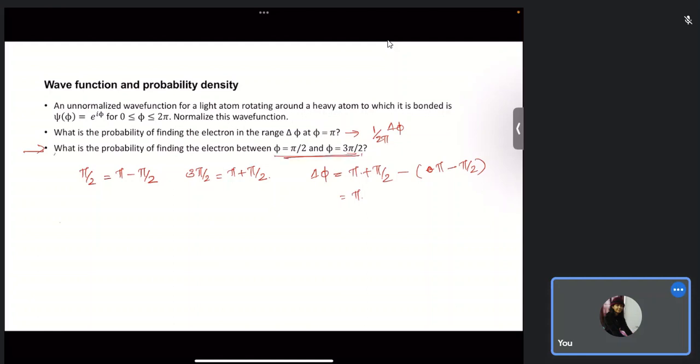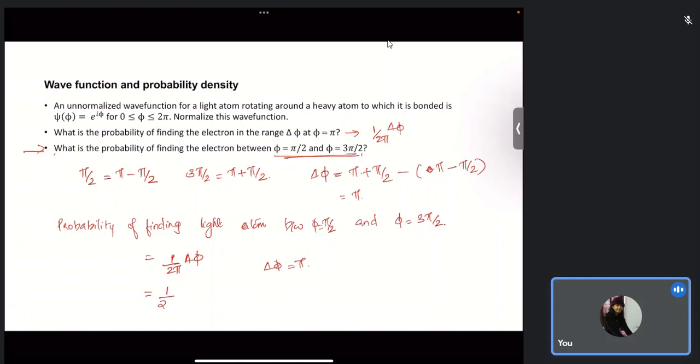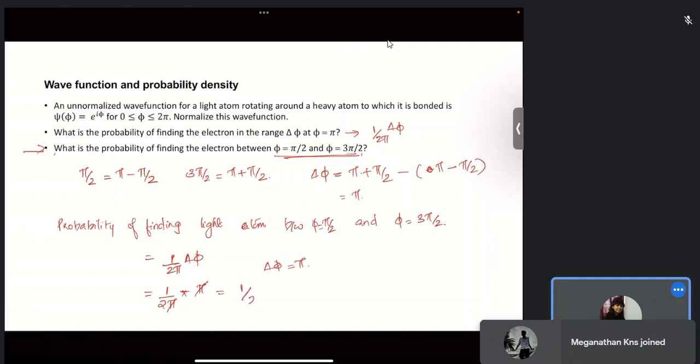So it is equal to 1 by 2 pi into delta phi. Here delta phi is equal to pi, so 1 by 2 pi into pi, which becomes 1 by 2.